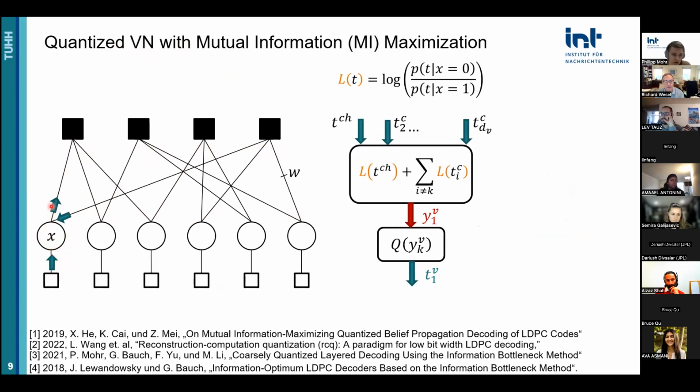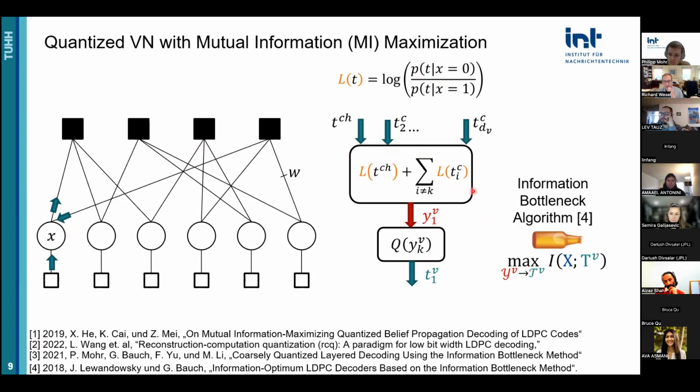And we want to compute an output message, which shall have low resolution too. Several works here proposed to use an update in a so-called computational domain, where we translate the quantized messages to higher resolution representation values, and we can add them up so we have a single high resolution number. And at this point, we have no loss in mutual information.